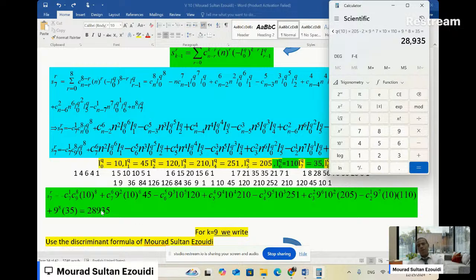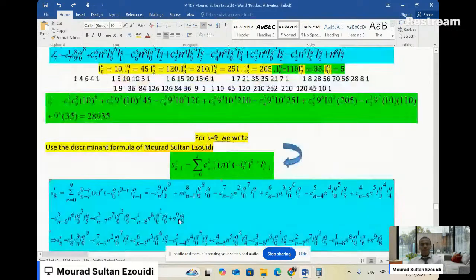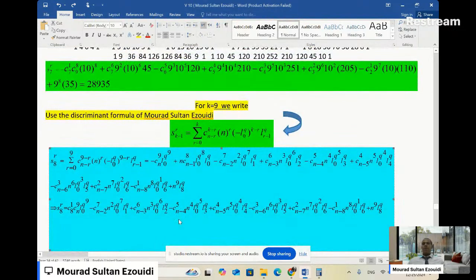28,935. Now the last step to find S8: we should go back to the theorem of Mourad Sultan and replace k with 9. You will get S8, which means S9 minus 1, is S8, for R equal to the sum from 0 to 9 of the combination of N minus R, 9 minus R, raised to the power R, because of 2 raised to the power 9 minus R times N R minus 1 equal to 2.